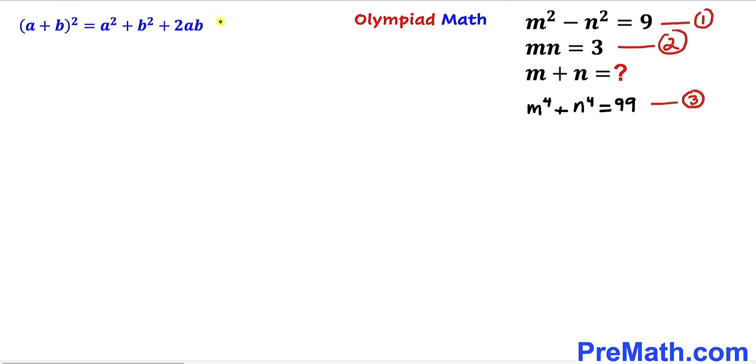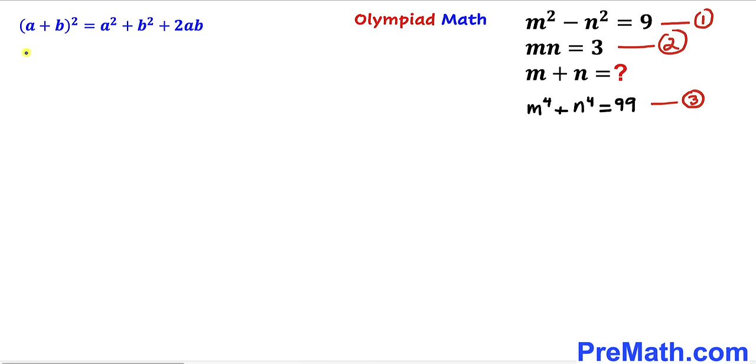Now let's recall another famous identity: a plus b whole square can be written as a square plus b square plus 2ab. I'm going to isolate a square plus b square by moving 2ab to the other side.